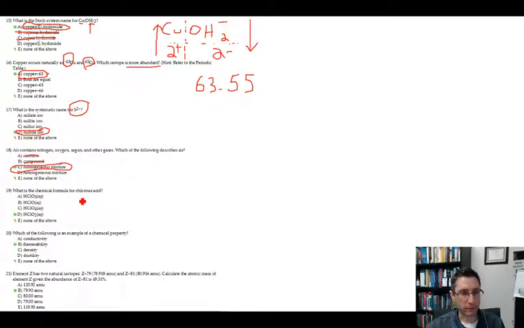19, what's the chemical formula for chlorous acid? Okay, so this one was a tougher one because it relied on us remembering the rules for acids, looking up the polyatomic and changing ATE to IC and changing ITE to OUS.